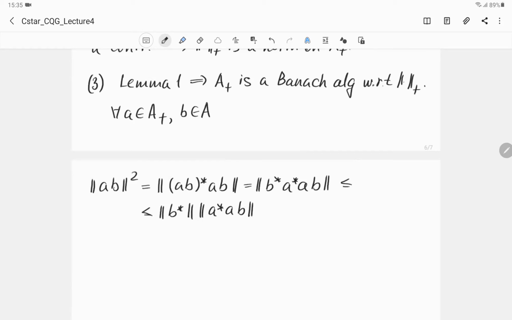And by the definition of the operator norm, that is the new norm on A plus, this is less than or equal to the norm of B star multiplied by the norm of A star A in the unitization and by the norm of B, which is equal to the norm of A star A times the norm of B squared.